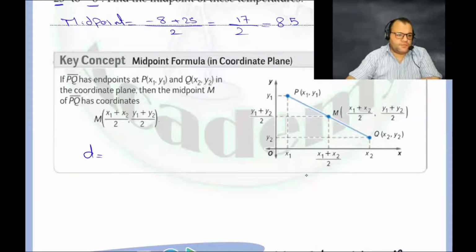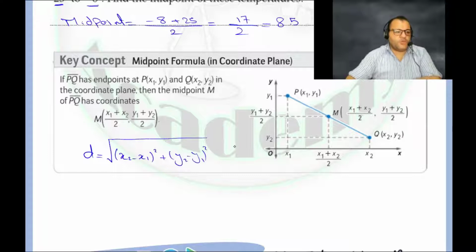It will be the square root of x2 minus x1 to the power 2 plus y2 minus y1 all to the power 2. That's to find the distance. But to find the midpoint, it will be x1 plus x2 over 2 and y1 plus y2 over 2. That's to find the midpoint of the 2 points.